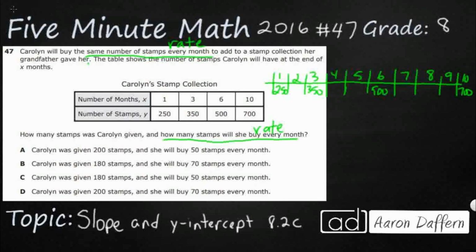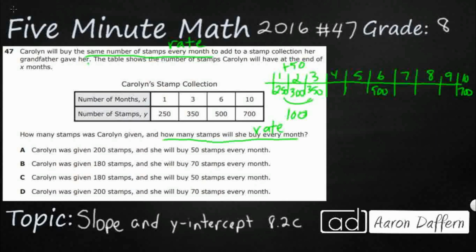So what's the jump between 250 and 350? All right, so let's see. Looks like that's a jump of 100. We just missed 1, so if we split that in half, it could be a 50-50. So let's see what happens if I do a 50. We'll just test it out. So that's 300.